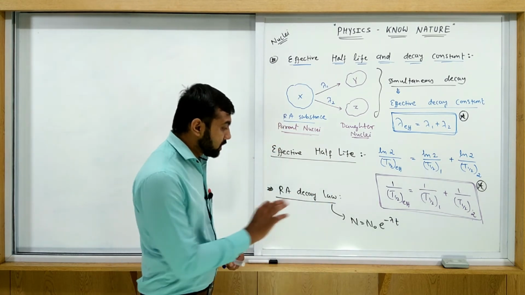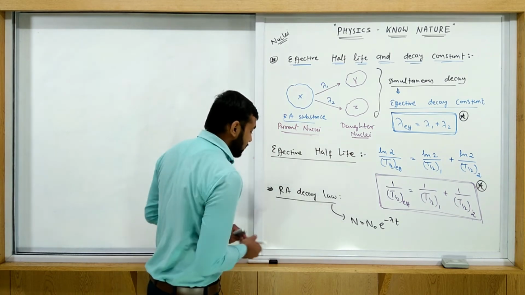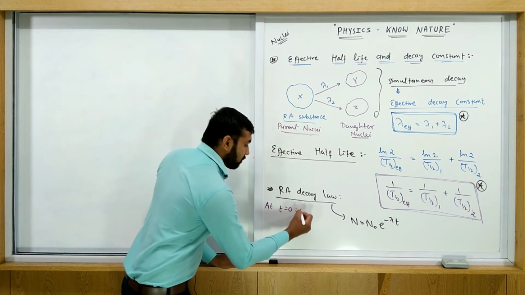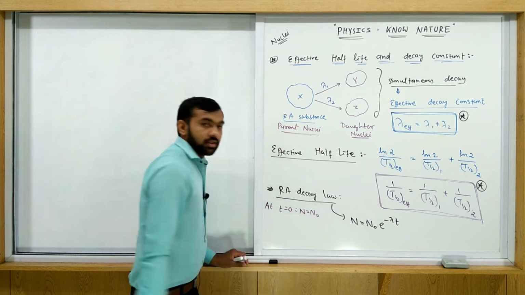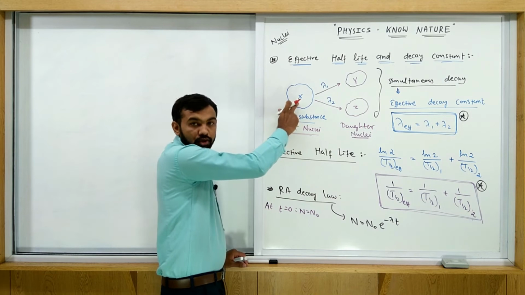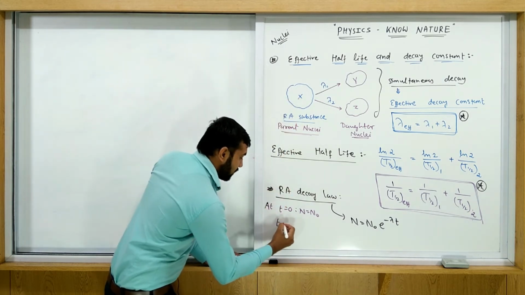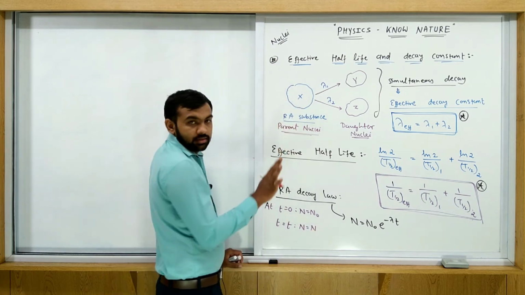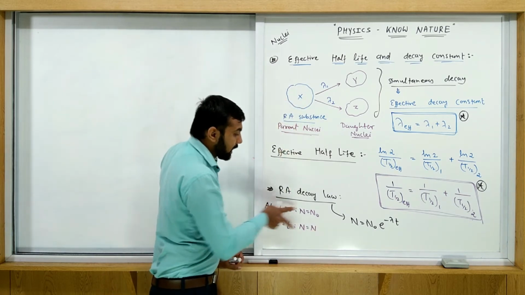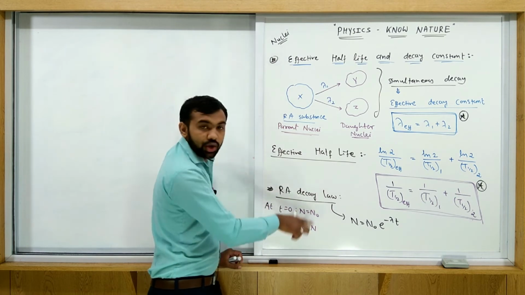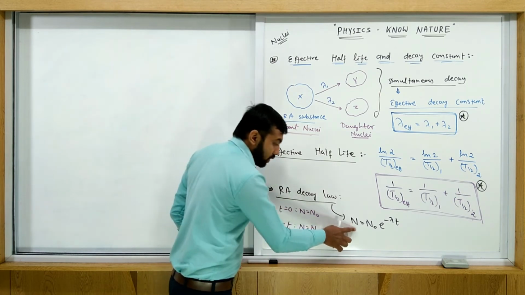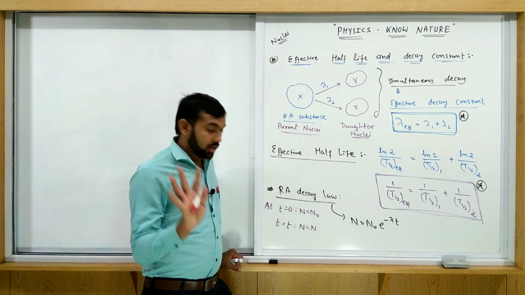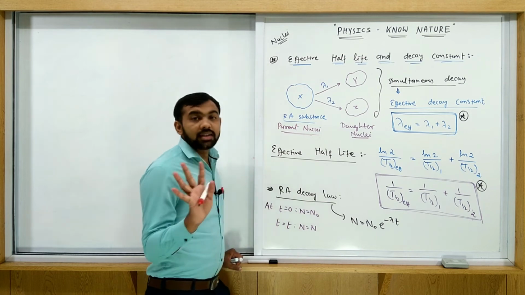Here, what is N0? At t is equal to 0, the number of nuclei, we generally call it N0, for X. At t is equal to t, N is equal to N, again for X. Whatever the equation is in this radioactive decay law, this N is the remaining nuclei in the parent substance.